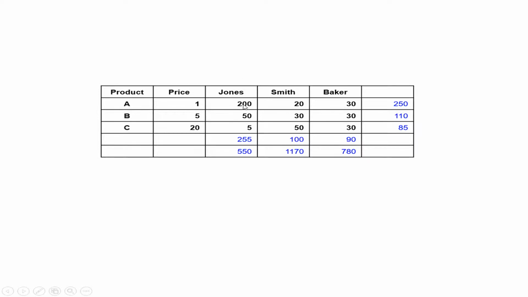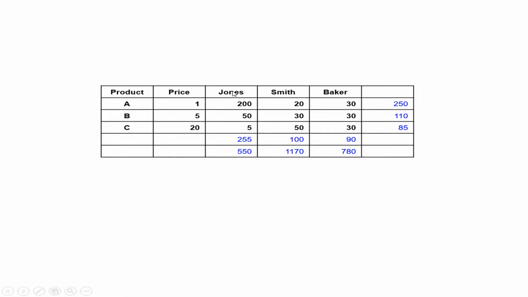Therefore, Mr. Jones is selling 200 items of product A and 50 items of product B and 5 items of product C. And because these are the prices, and we are calculating here the numbers of items for each of the three investors, these are the number of items that Mr. Jones is selling, and 550 is the price of these items.